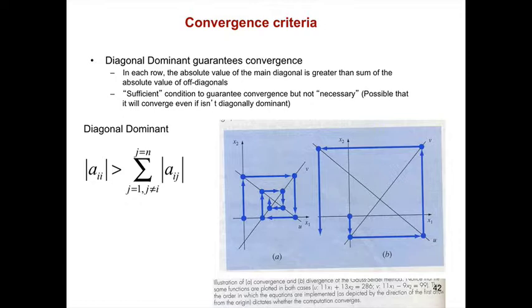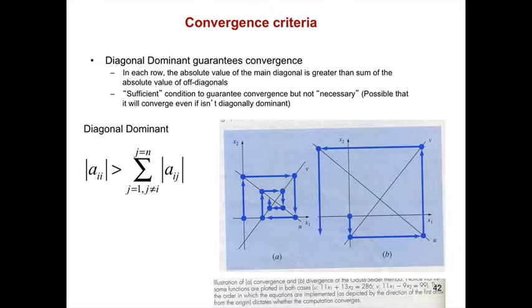That rule says that if my matrix is so-called diagonally dominant, that means the absolute value of a diagonal element is larger than the sum of absolute values of all other elements in that row.